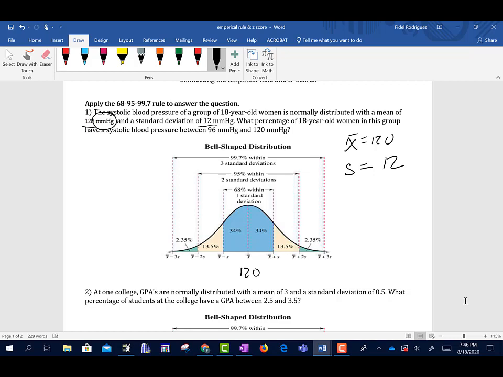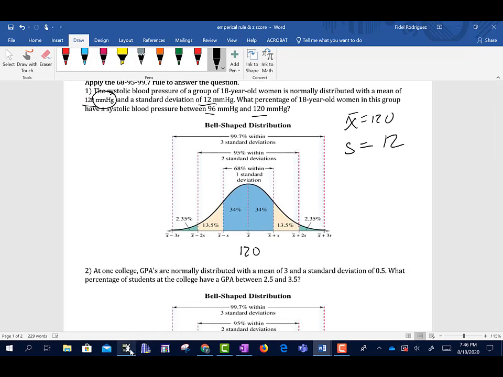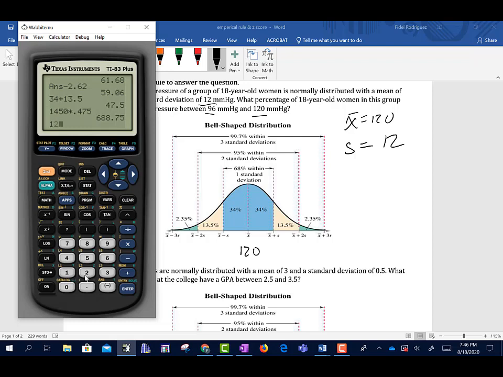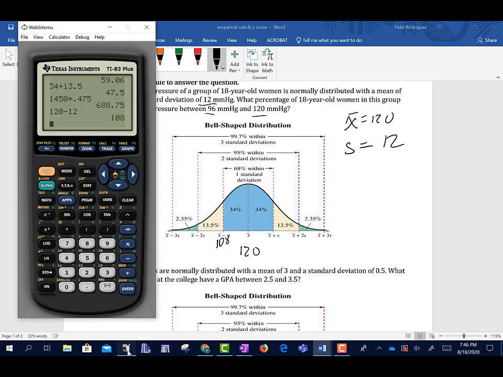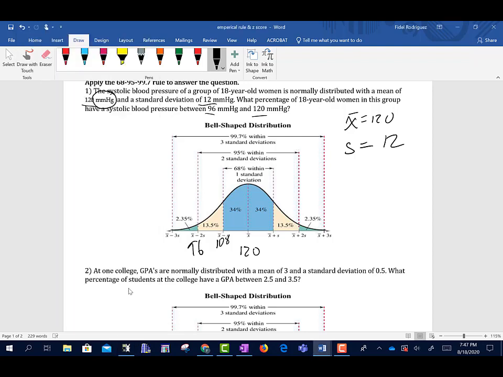I want to figure out how many deviations away 96 is from 120. My 120 is my upper limit, the bigger number. Let's take 120 and take away 12, and that gives me 108. If I take away 12 again, that gives me 96.